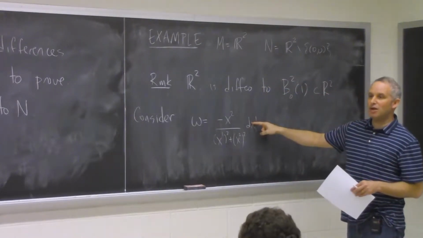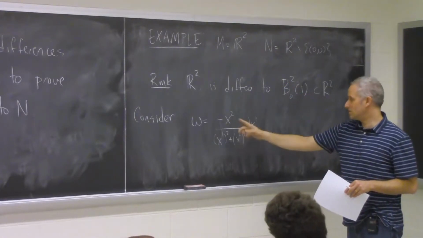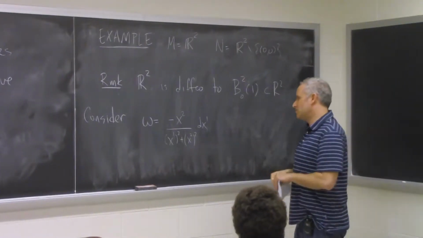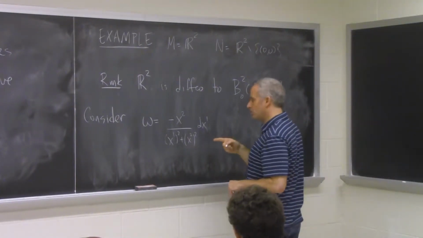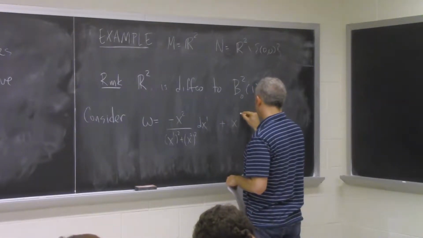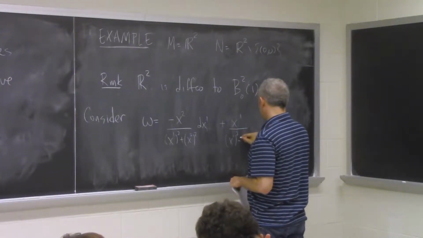So already this is not a 1-form on R2, right? This is not defined at the origin. Okay? So this is not going to be the whole of our 1-form. We're going to have another term. It's also going to have a problem at the origin.